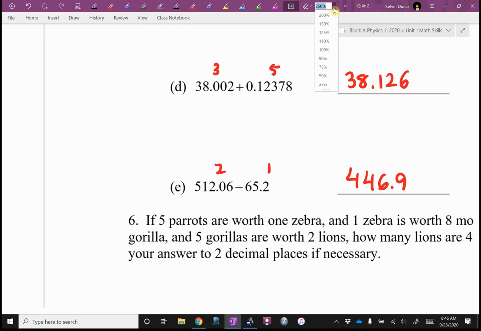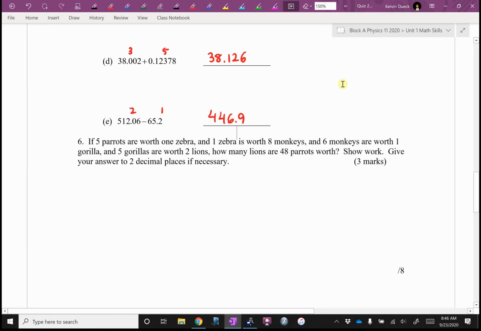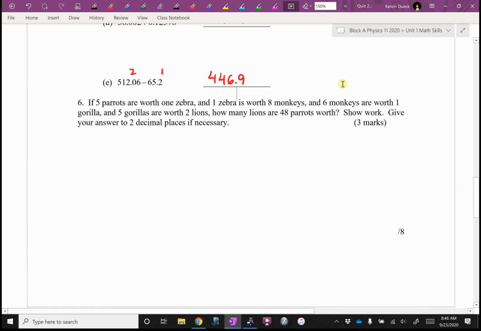I will give you some kind of long fraction chain, I think. The reason I'm saying I think, I might have replaced it last year with a different question, and I can't remember, but here is a fraction chain. I'm going to write down what they gave me. 48 parrots. I'll use P for parrots. Parrots is apparently 1 zebra, 5 parrots.